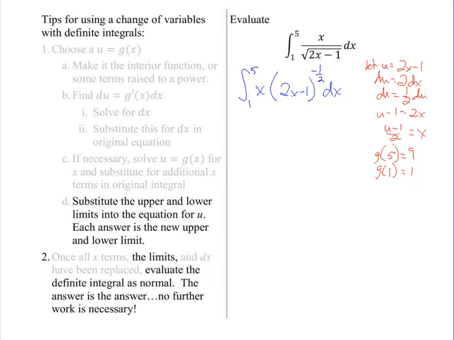Okay, so let's go ahead and write it down. We have the integral from 1 to 9. X turns into u minus 1 over 2. This mess turns into u to the negative 1/2. The dx turns into 1/2 du. I'll put the 1/2 out front, the du over here.